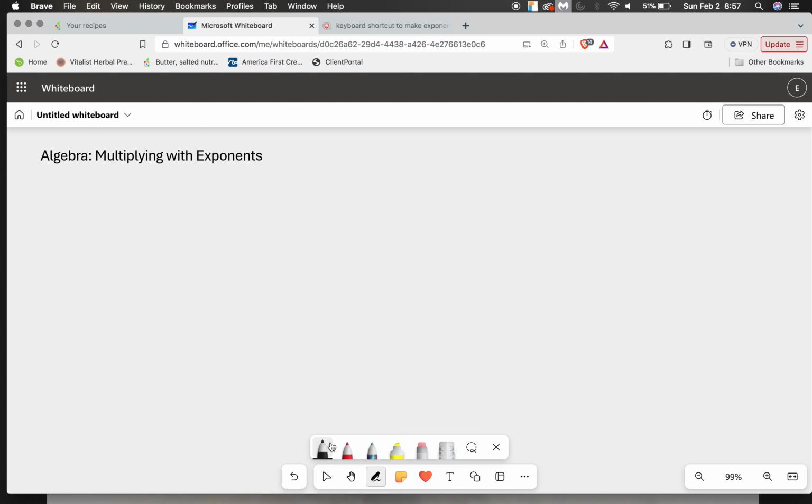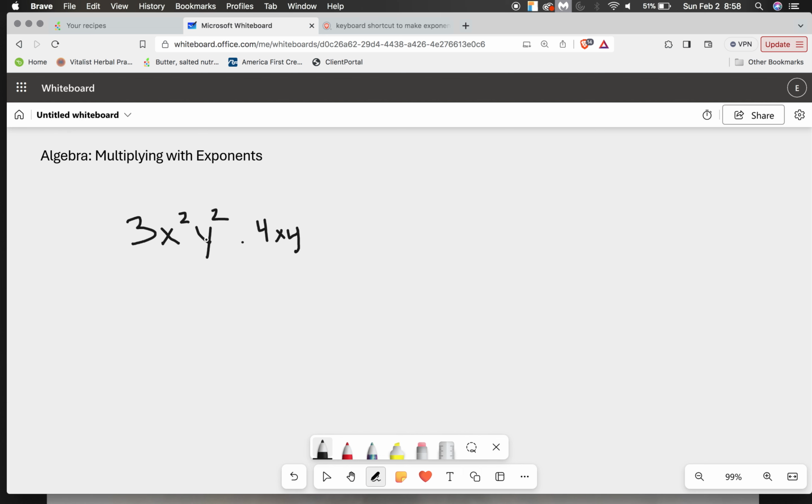Alright, now what we would be doing with this once we had figured out and simplified all of our expressions is, let's say that we have a problem that looks like this. And this is why it becomes useful to be able to know how to do this. Okay, so here's our problem. How are we going to deal with this 3 and this 4?